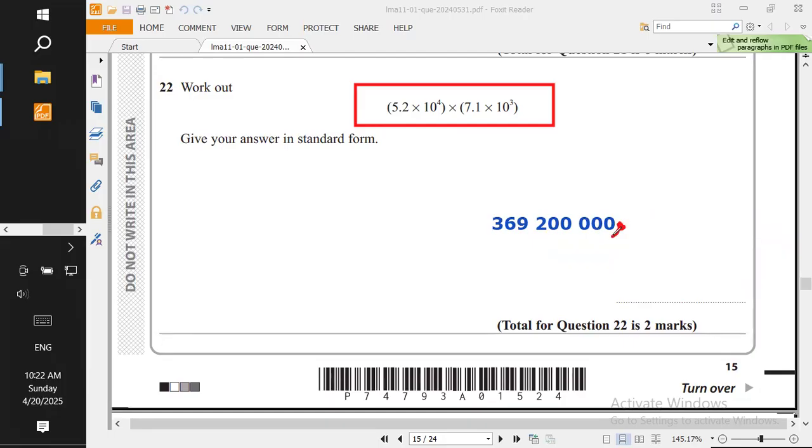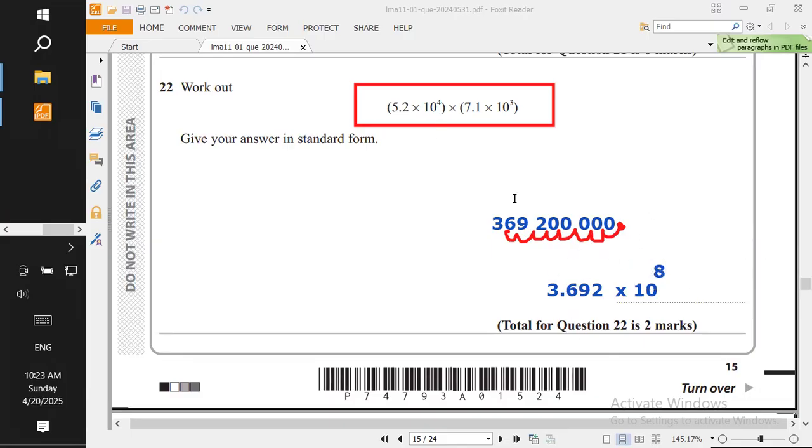So let's move the decimal point: 1, 2, 3, 4, 5, 6, 7, 8. We moved the decimal point 8 times. This means that the power is 10 power of 8. So we write the number again: 3.692 multiplied by 10, and the power is 8. And this is the final answer for this question in standard form.